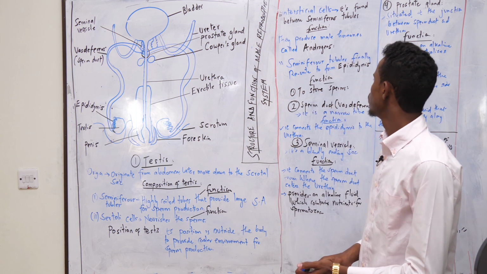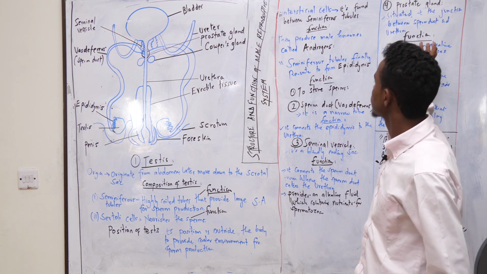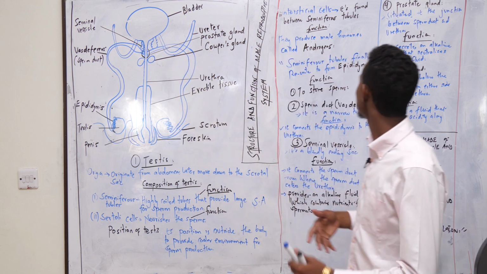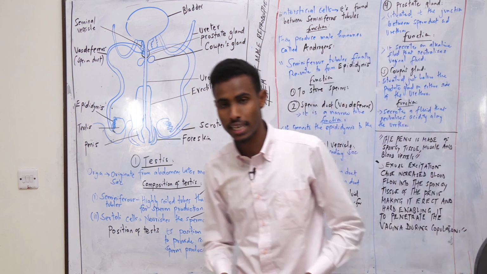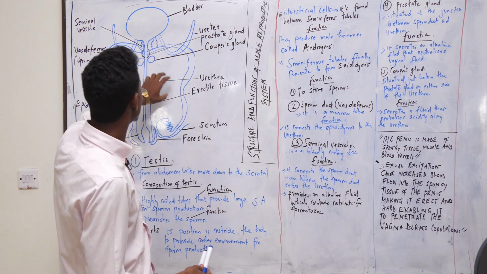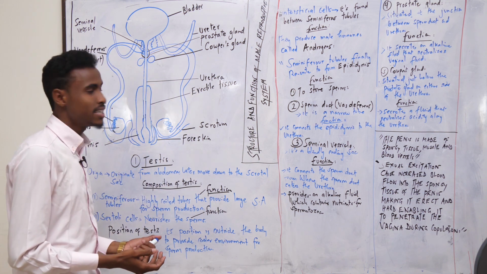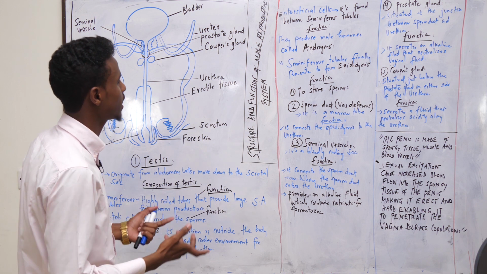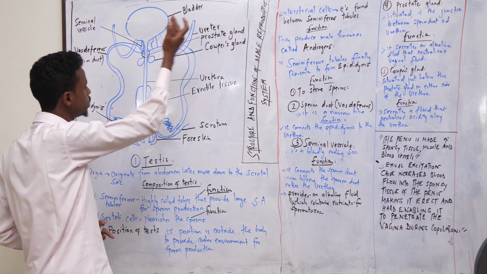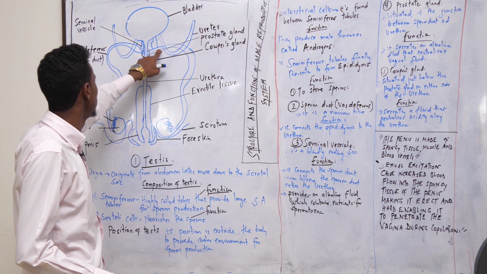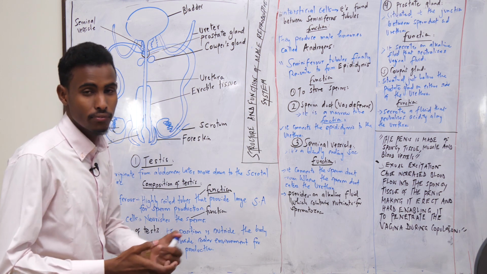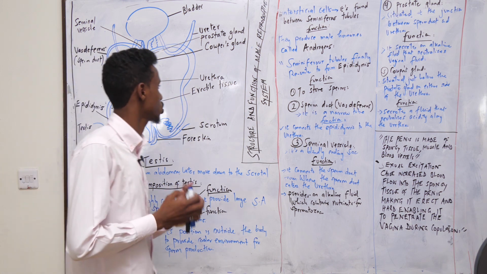Again, class, that is the location. Now, what is the function of this prostate gland? It produces an alkaline fluid that neutralizes the vaginal fluid, and that is the prostate gland.